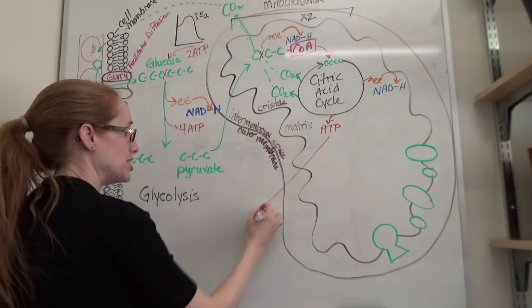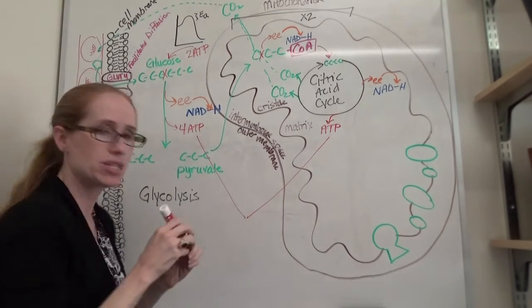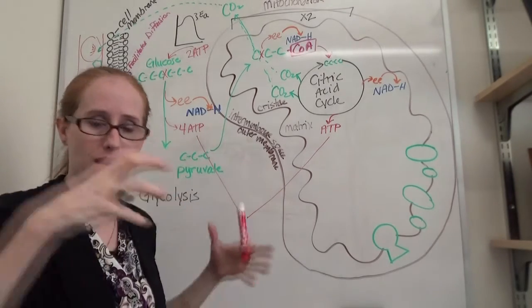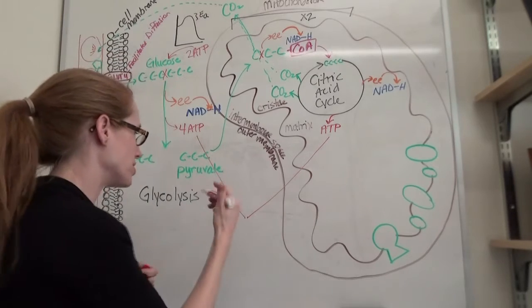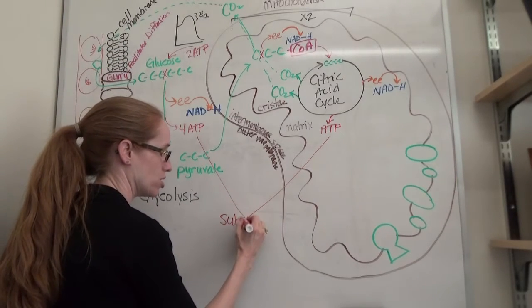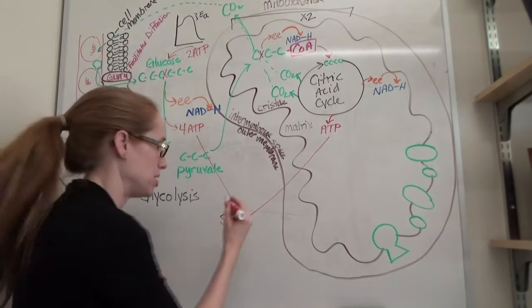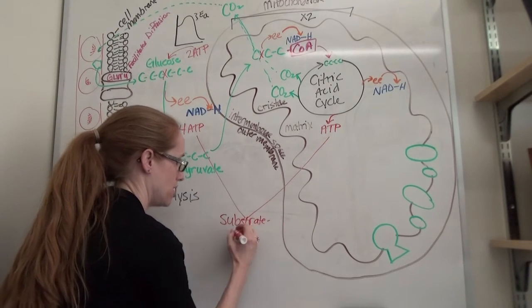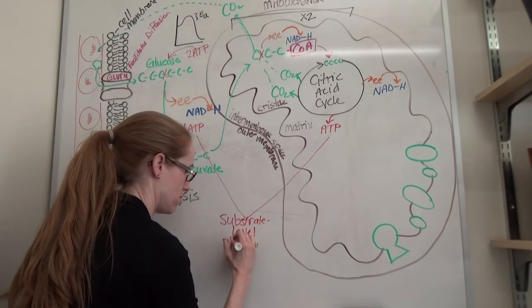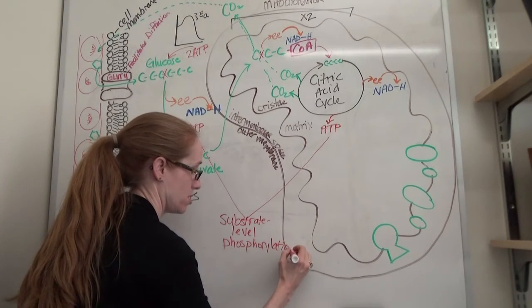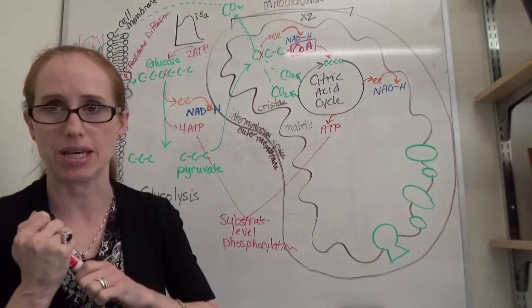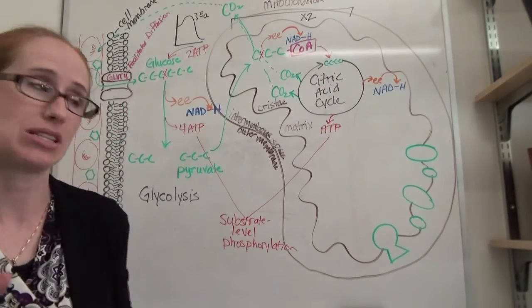When we produce ATP this way, we are simply taking a phosphate off of something and putting it onto an ADP to make ATP. It's as simple as that, and we call it substrate level phosphorylation. Phosphorylation is adding that P. Substrate level. This is a really long word. Okay, so that's just normal ATP making. It's not clever and fancy like we're going to see in a minute.